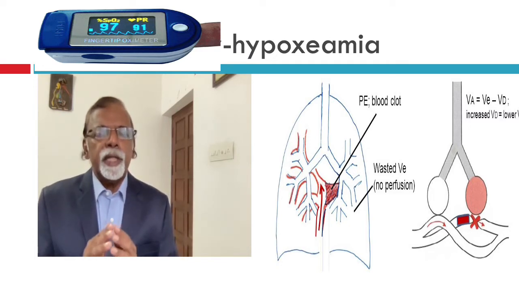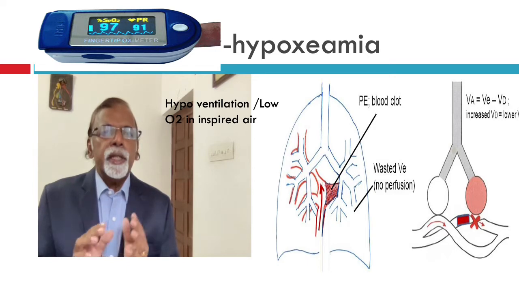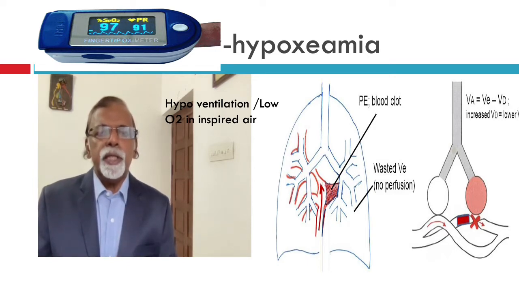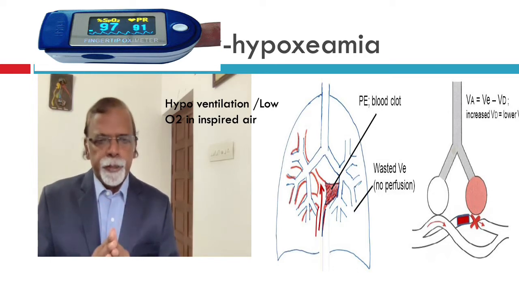It can be basically four mechanisms. One, decreased oxygen in the alveolus. So you can see that if the oxygen in the inspired air is low, you can definitely get hypoxemia. Second mechanism, always remember hypoventilation.